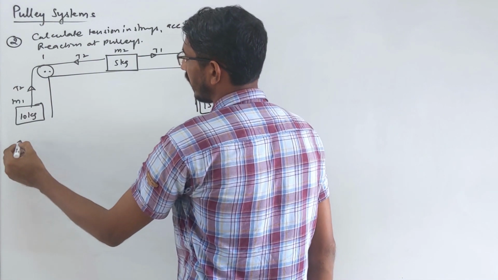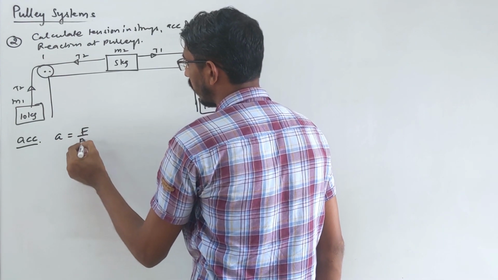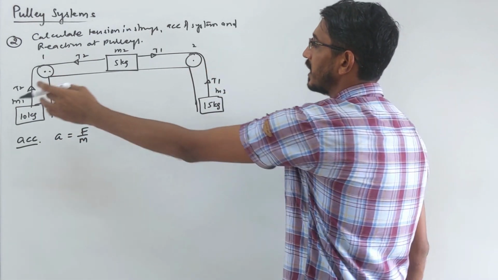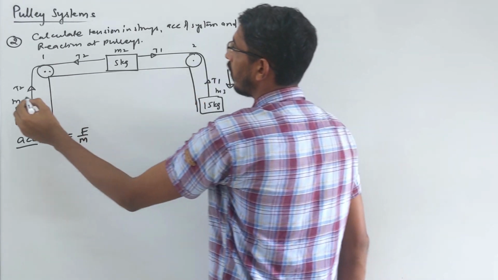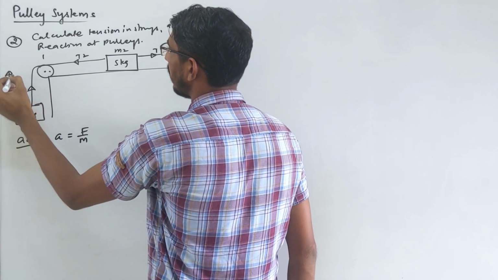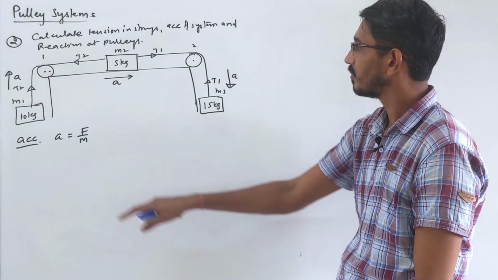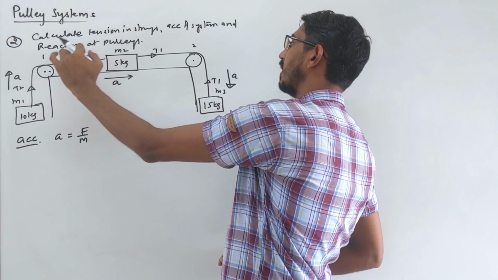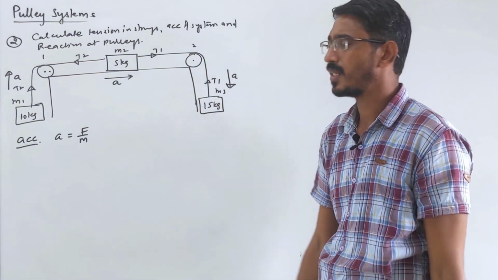First we have to calculate acceleration of the system. Acceleration A is net force by total mass. That's 10 kg here, 15 kg here. It means this block will move downward, that block will move upward with the same acceleration, and this block will move horizontally with acceleration A. This going down, that going up, that moving horizontally. There may be even more blocks here, doesn't matter.